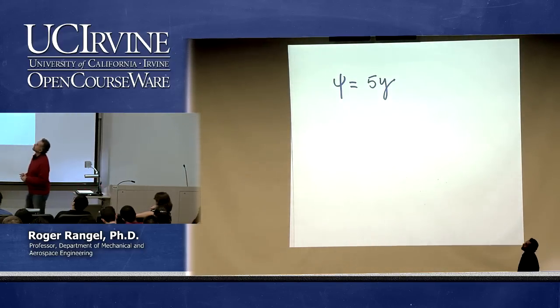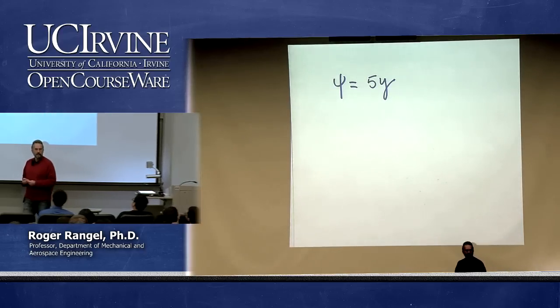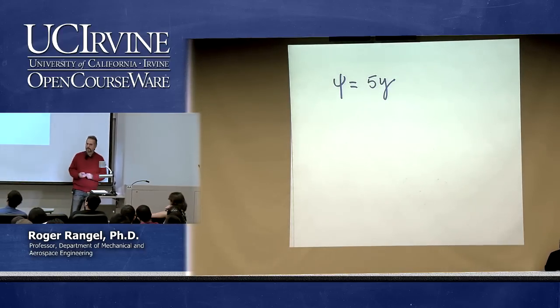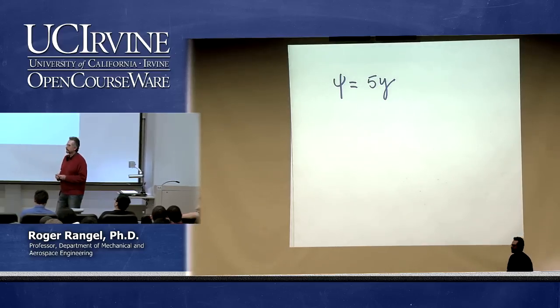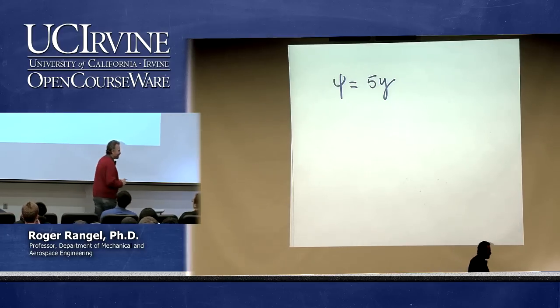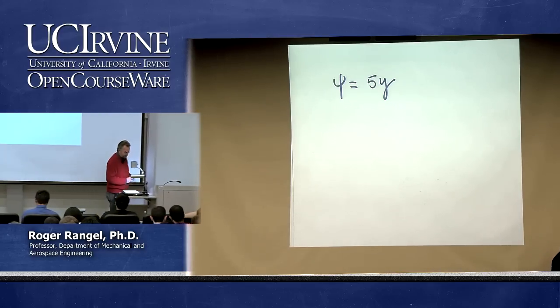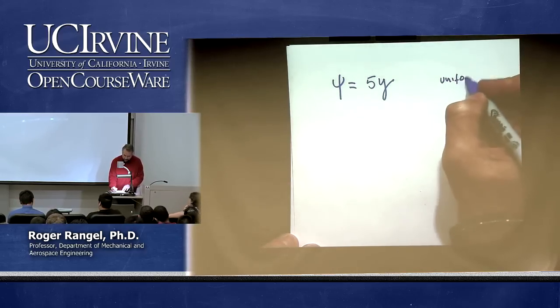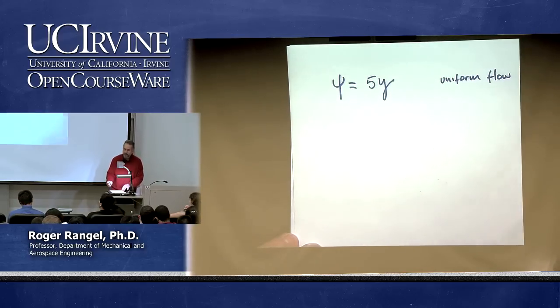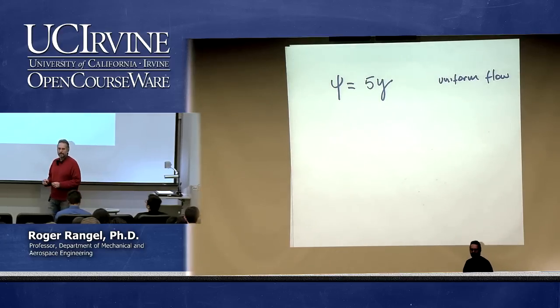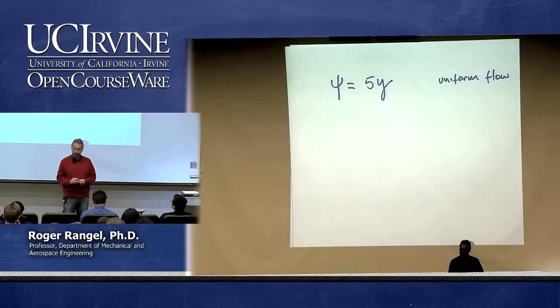That's a stream function. What type of flow is that? Uniform flow. In which direction? In the y direction? X direction.